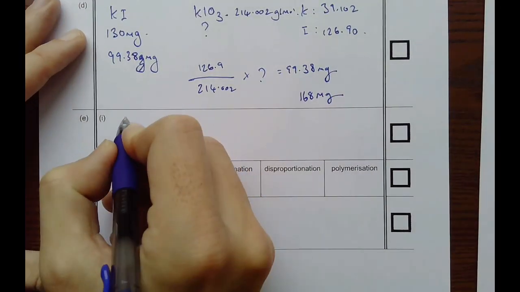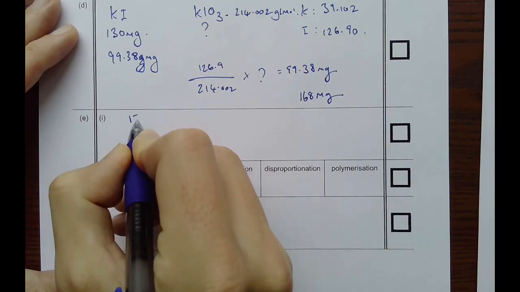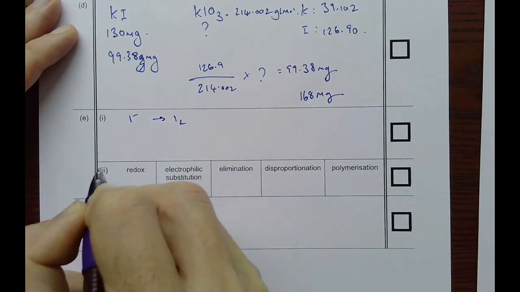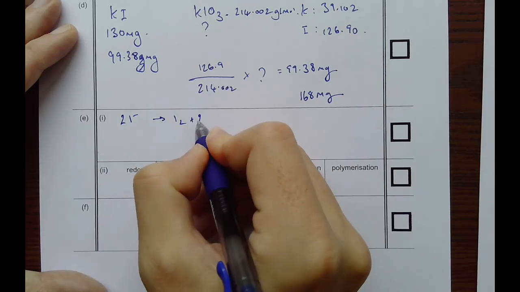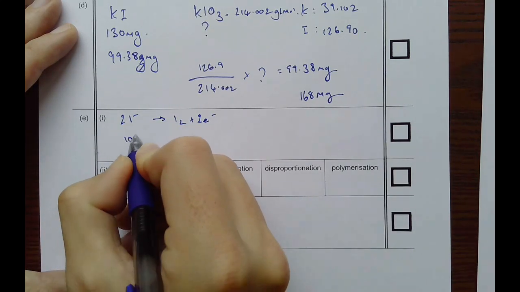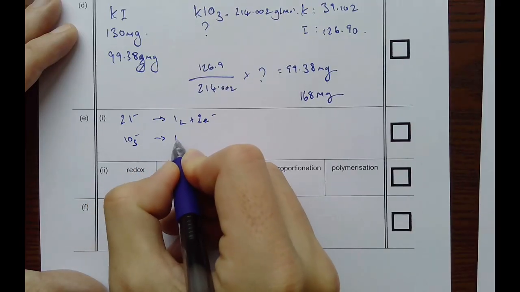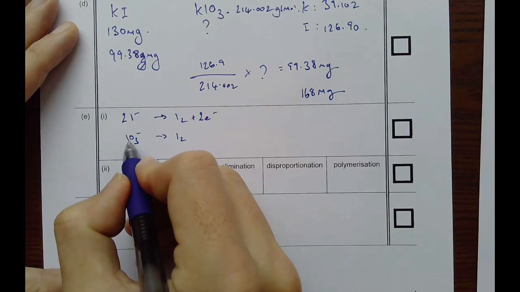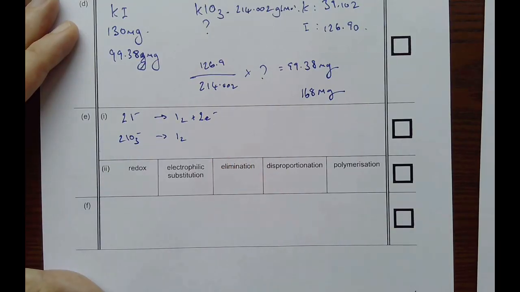So I'm going to have my iodide ion becoming iodine, and I balance that, and my iodate ion also becoming iodine, and I need to balance that as well. I've got one iodine here, two iodines here, so I'm going to put a 2 there.